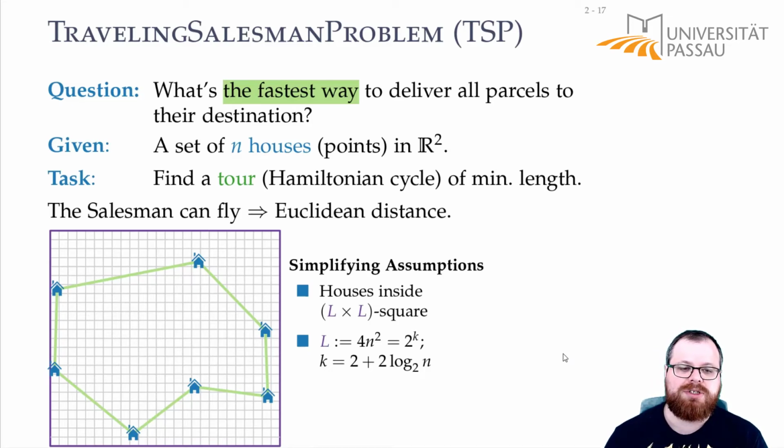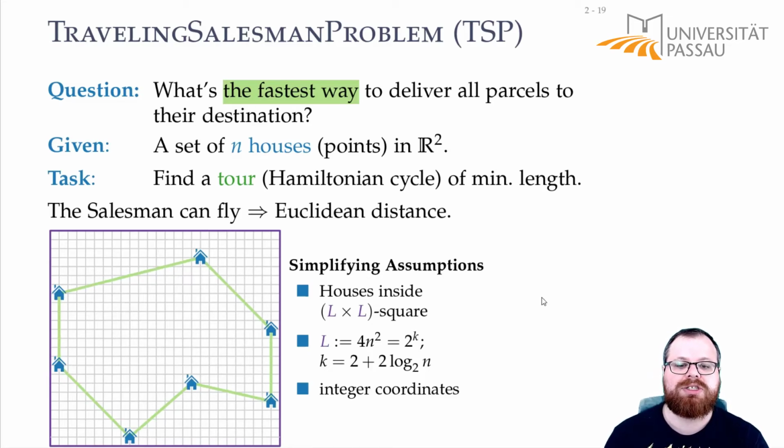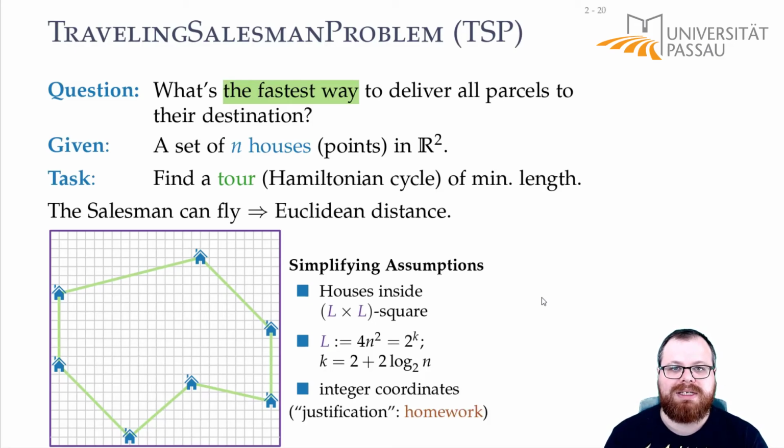And the third assumption, for that one you don't immediately see why we can do it, but we can also assume that all the coordinates we have here are integer. So we don't have a house somewhere here in the middle, but we can round all those to integer coordinates. And why we can do that you will have to prove in the homework assignment.